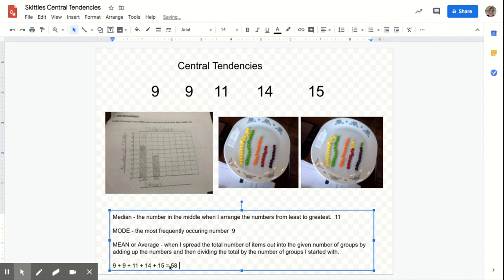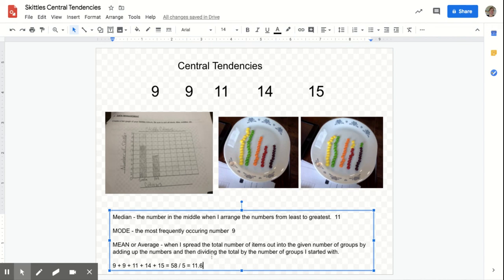And then I took that 58 and I put them in to those 5 equal groups. So I divided them by 5, the number of numbers I started with. And when I do that, I end up with actually 11, and then a remainder. I have a little bit left over. It's 11.6, I believe, is my final number.